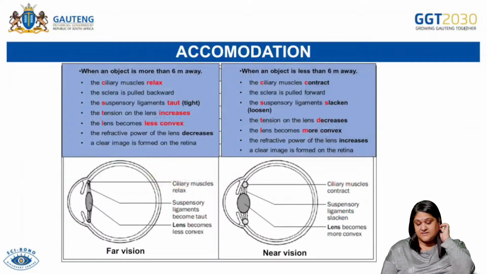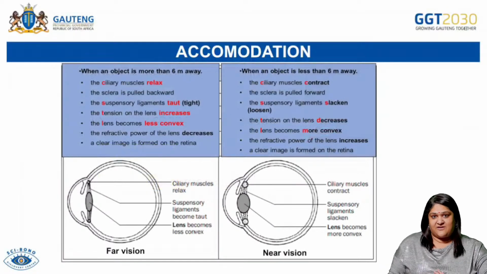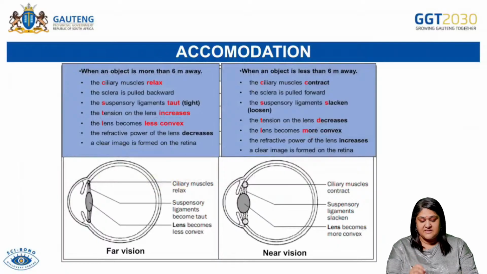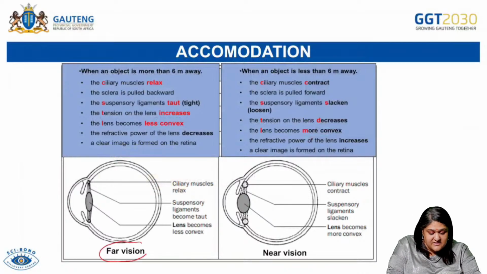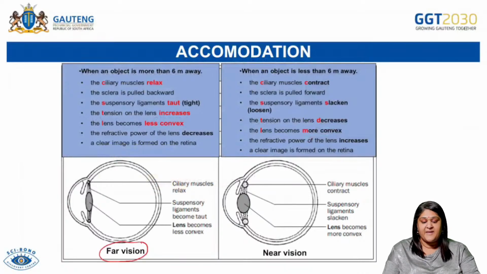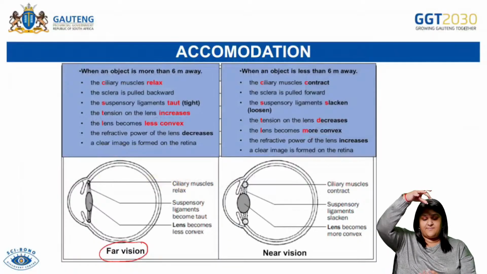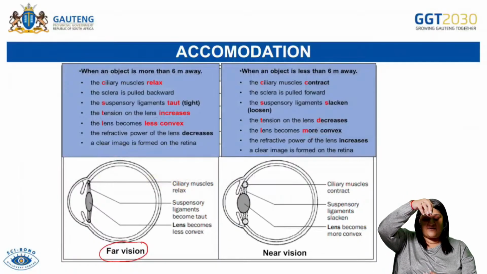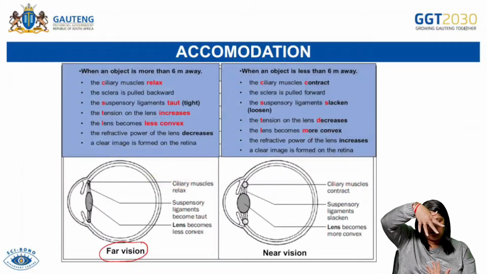Now we come to the words, right? Also diagrams. I love diagrams for this because they can really help you to understand. So let's go through it quickly. When the object is more than 6 meters away, what's going to happen? More than 6 meters away means that it's far vision. The ciliary muscle is going to relax. When the ciliary muscles relax, the sclera is pulled backward and the suspensory ligaments are taut.